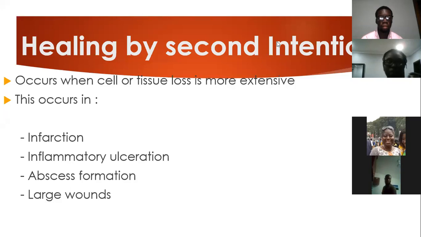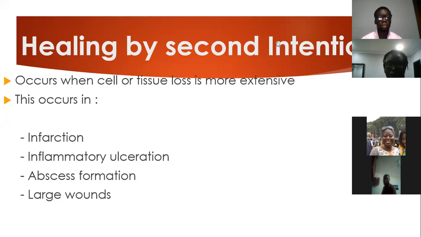Usually this occurs in areas of infarction. Infarction means an area of dead tissue as a result of blockage of blood supply. This would create a big defect in the tissue, and it will be filled by secondary intention.